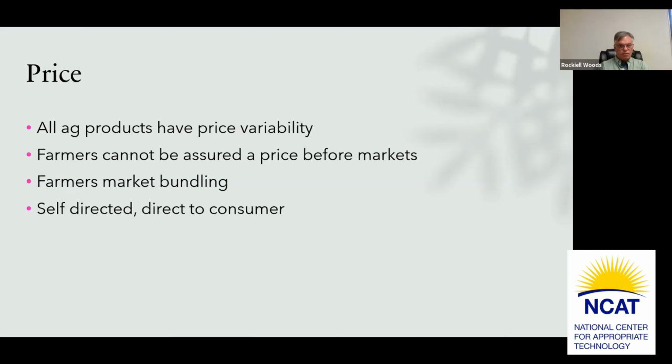And this is true in commodities, animals, and fruits and vegetables, or flowers for that matter, or honey for that matter. The further you are from the end user, generally the less control you have over price. And the more strategic you have to be about managing your price and understanding the tiers in the market between you and the end user, so that you can get a fair price for your goods over time. So that can be really important.